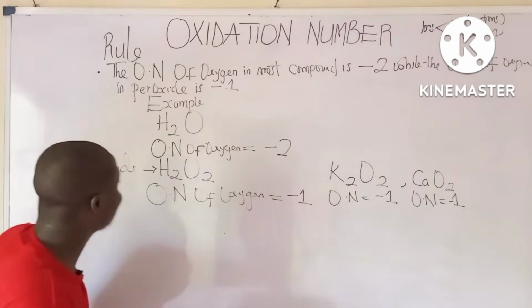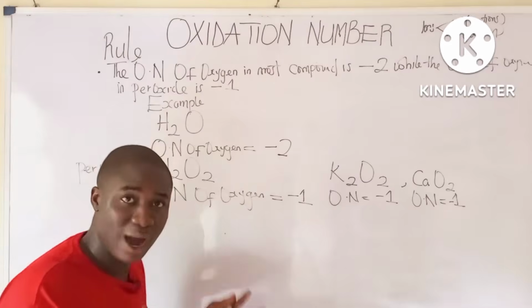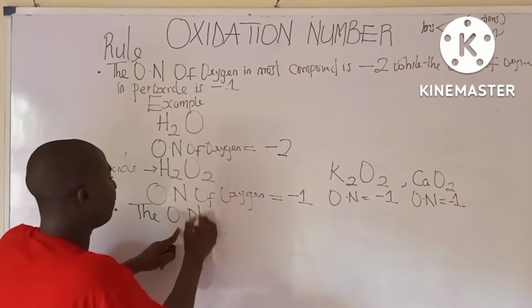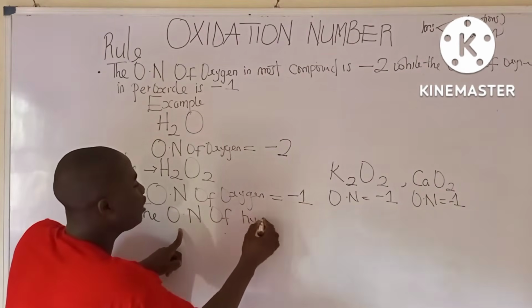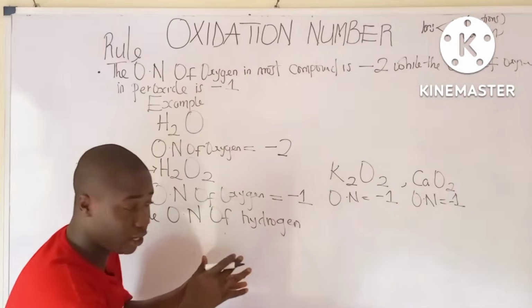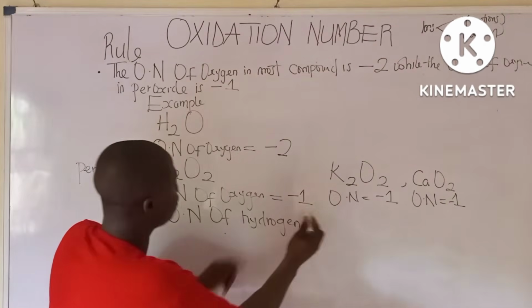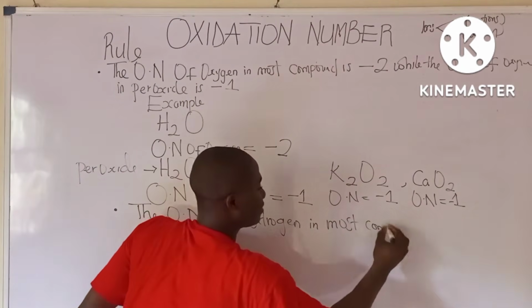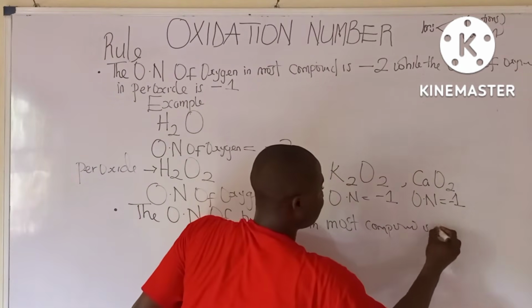So let's quickly move over to the 4th rule. The rule says the oxidation number of hydrogen. All of these are very common elements you can be asked questions on, so you have to take note of them. The oxidation number of hydrogen in most compounds is +1.